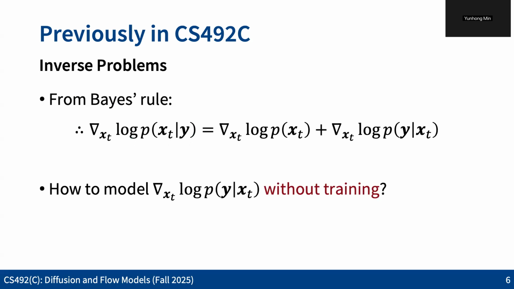Then we need to compute an offset to our score, which is the other conditional score, y conditioned on x_t. So it comes down to how we model this conditional score without any extra training of the diffusion model.